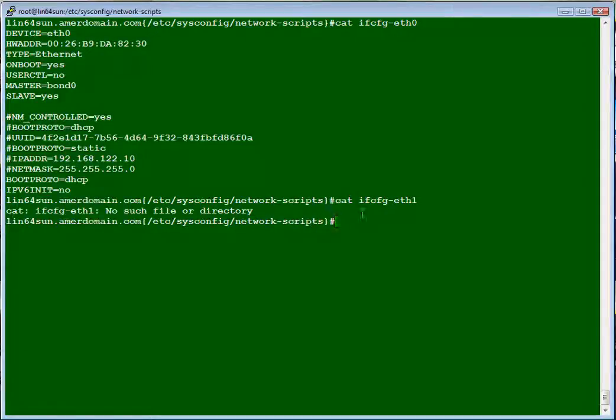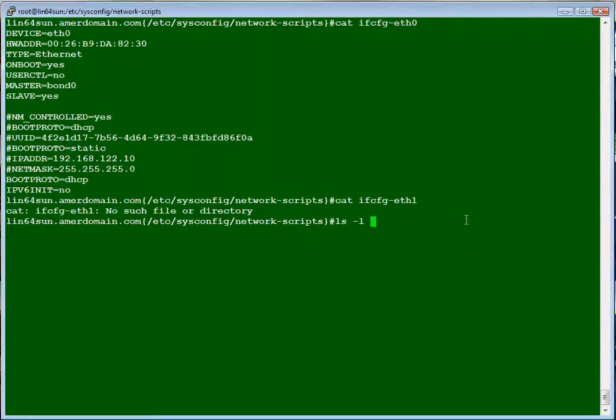But if there are 2, 3 or 4 network cards, you can make a combined bond, called a logical network card, which contains many physical cards. And what is the name of the logical network card? That is bond0.